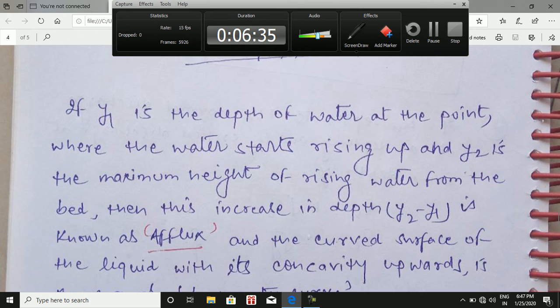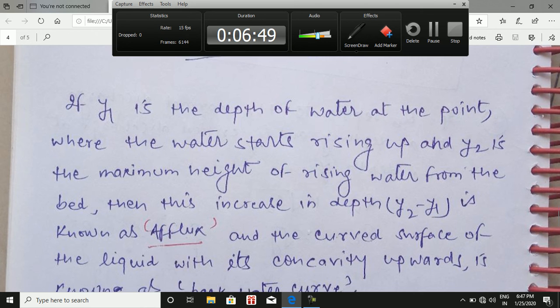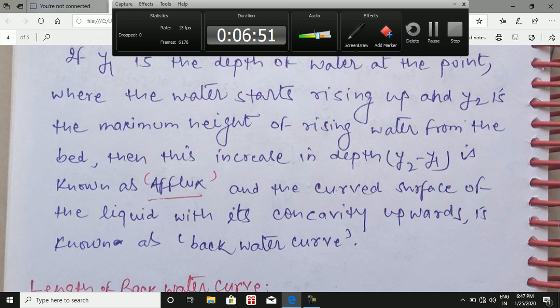It means from y1 to y2 we are calculating the depth, and the depth increases. So how much increase? That is y2 minus y1, and y2 minus y1 is known as afflux. And the curved surface of the liquid with its concavity upwards is known as backwater curve.